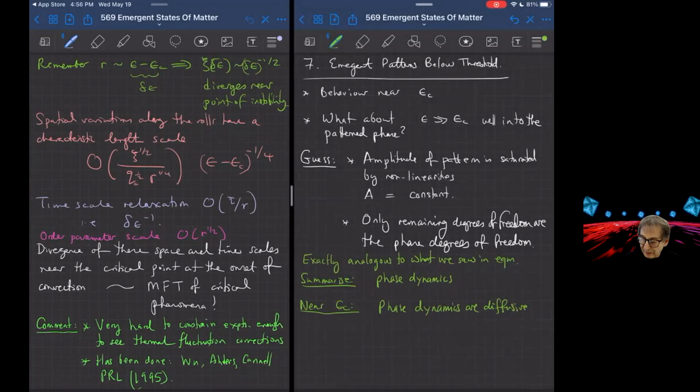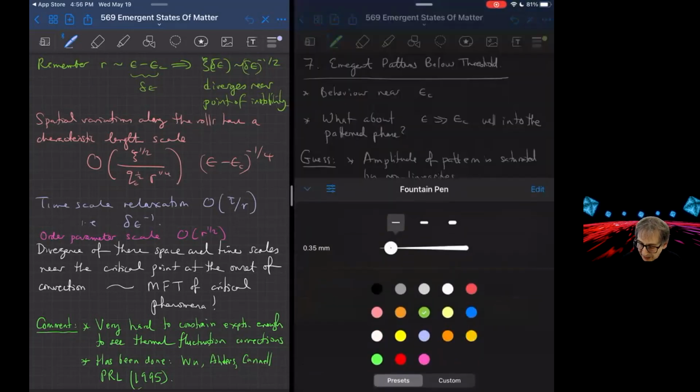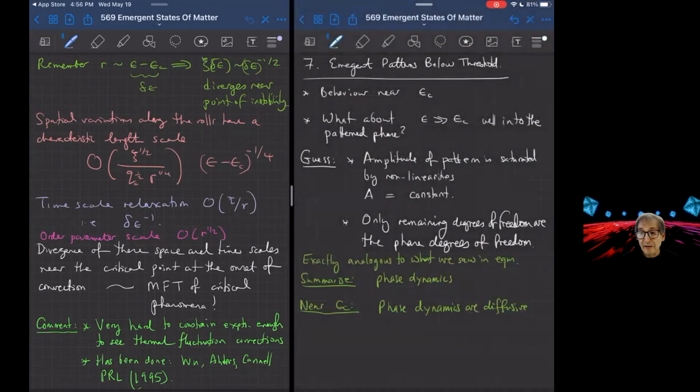The phase dynamics are diffusive, but with different rates in different directions. It turns out that d phi by dt is equal to some d parallel in the x direction and some d perpendicular in the y direction.